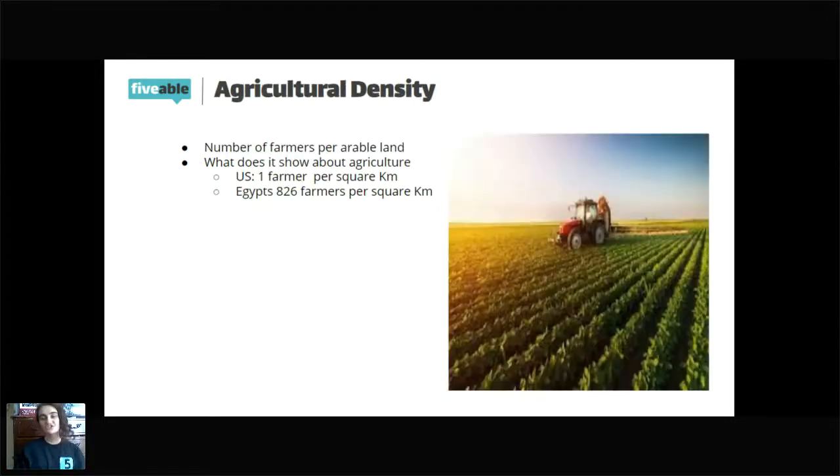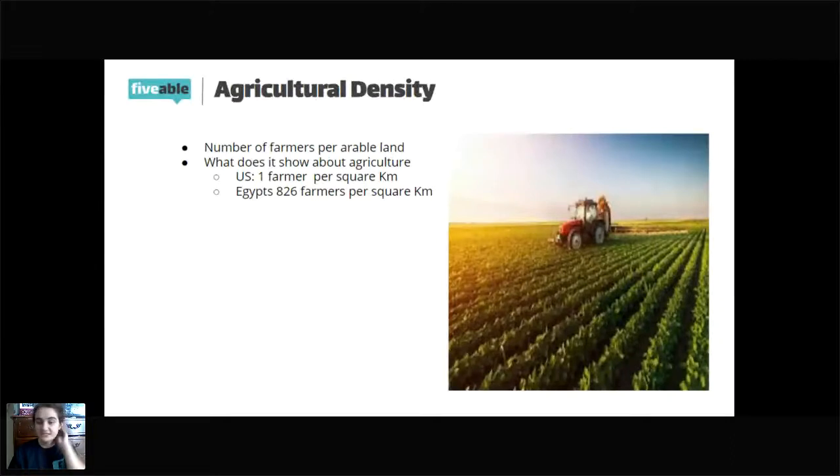Okay, so agricultural density. Agricultural density is basically the number of farmers per arable land. I actually want you to tell me, guys. The U.S. has 1 farmer per square kilometer, while Egypt has 825 farmers per square kilometer.